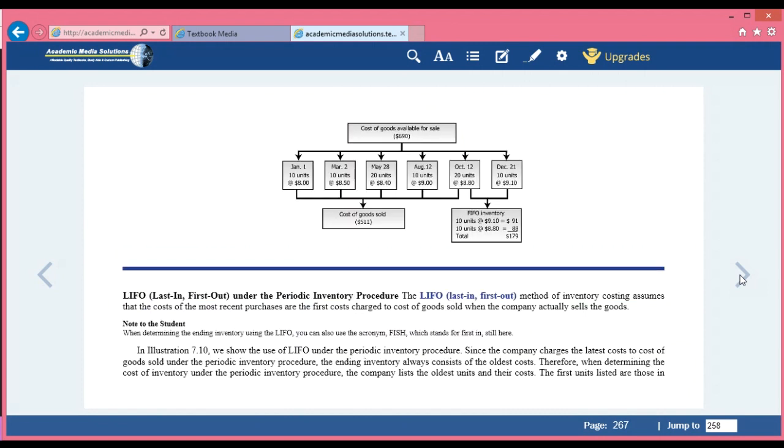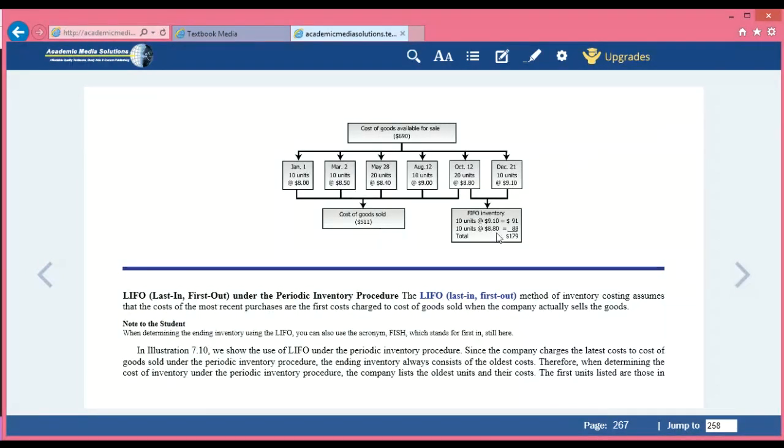And this is the way it works. This is a really good illustration of what the bulk of this chapter is about. You've got cost of goods available for sale under first in, first out. You mark off the items that you've sold. The first items came out of this unit, then this unit, then this unit, then this one.